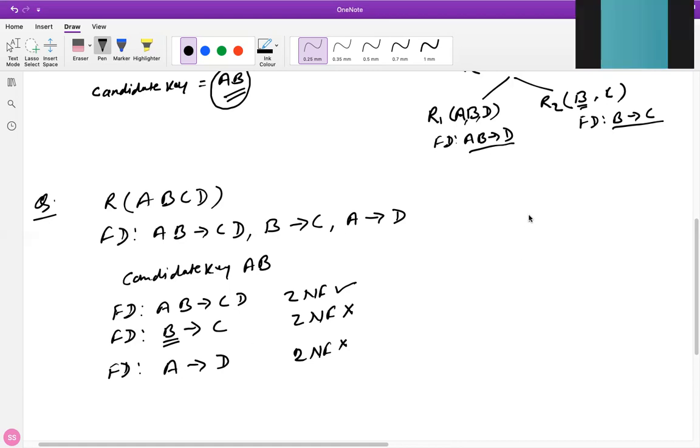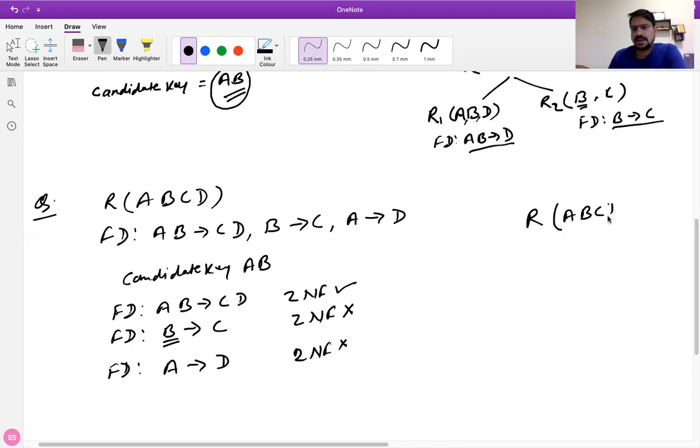So to solve that, R, which is A, B, C, and D, will be divided into some relations. Because these two are creating the problem, we'll put them into separate tables. Let's say B and C will be in one table, and A and D will be in another table.